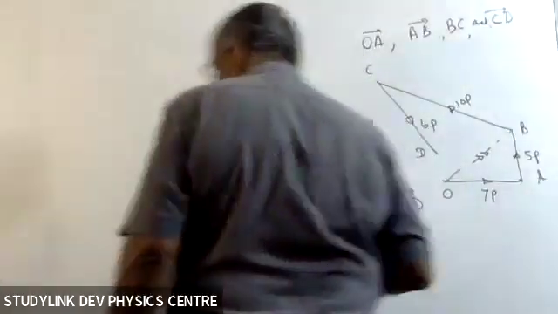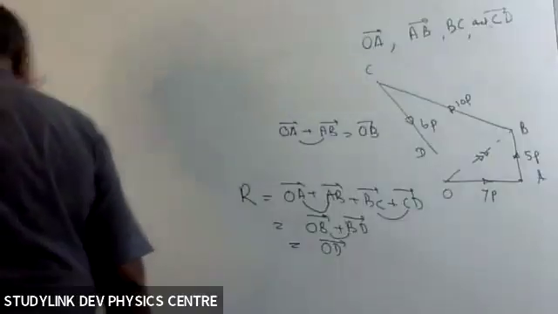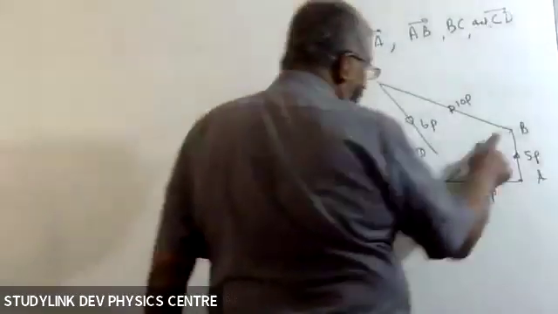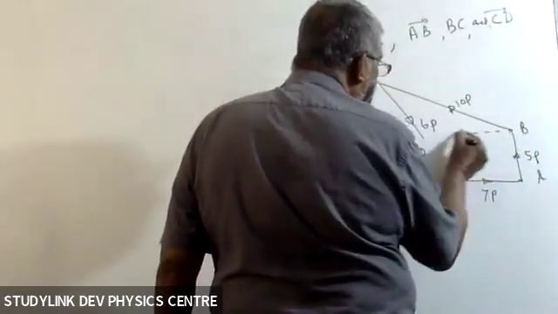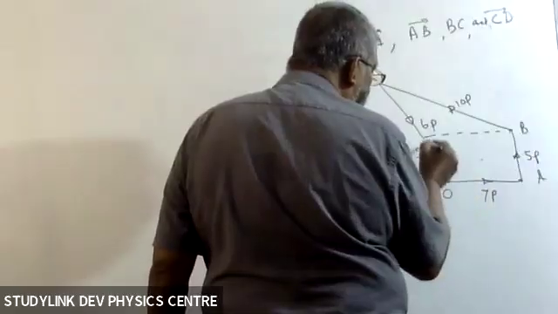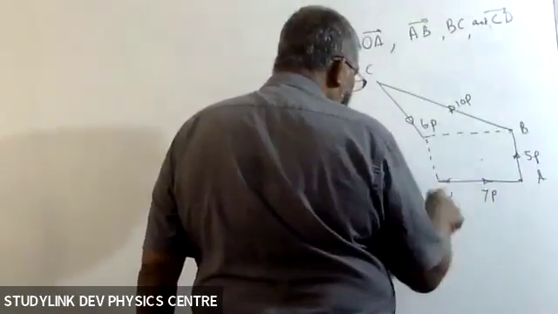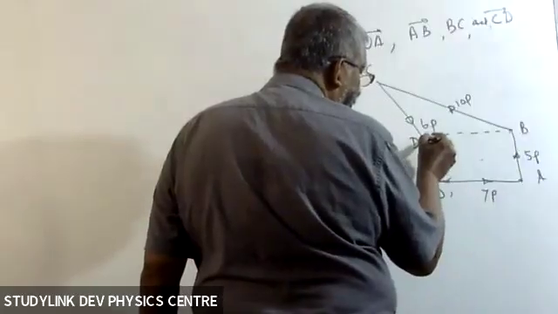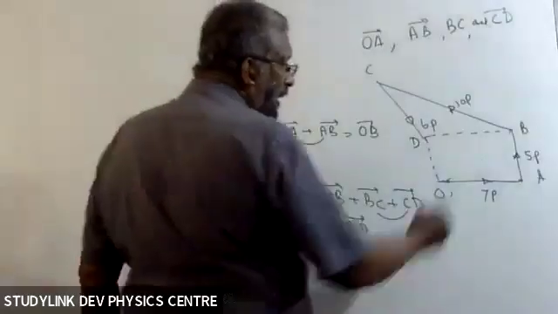Now you have a small issue there. The diagram should not be drawn as shown. The diagram is given like this. The dotted line is here. The starting point is here. This is O, this is D. Then our answer is OD. This is a rectangle.